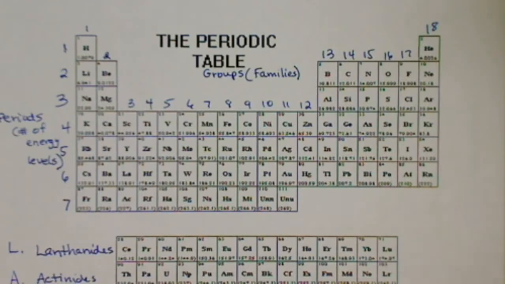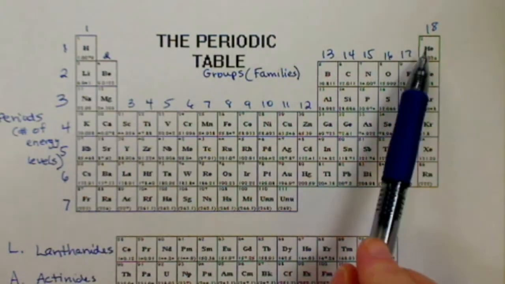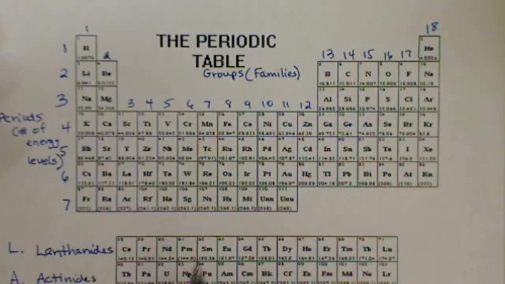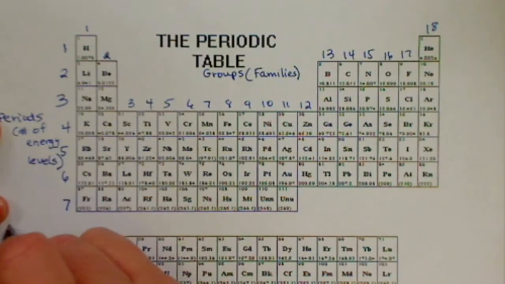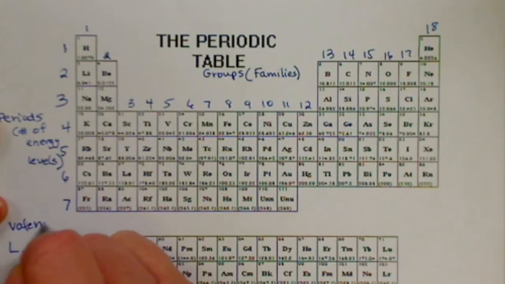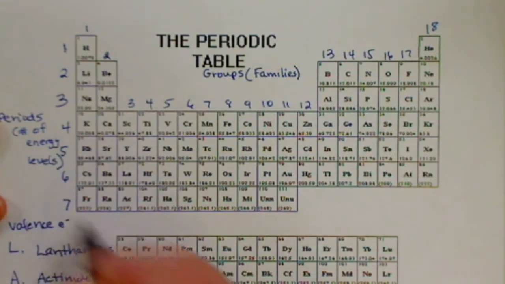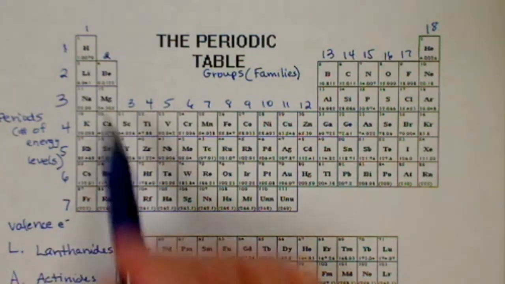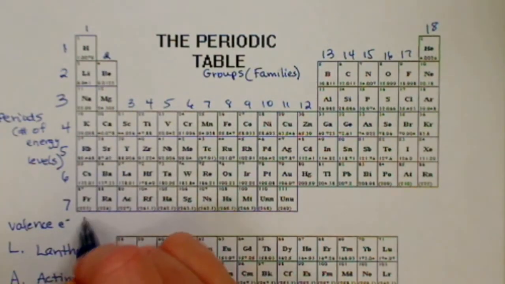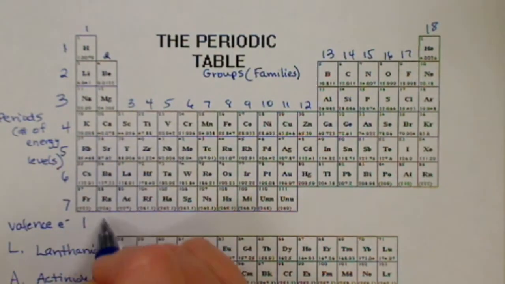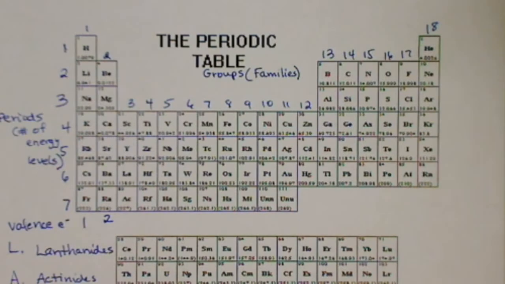Now, there is a quick way to figure out the charge of an atom and the number of valence electrons by looking at the group number. The valence electrons are going to be determined by what group an atom is in. So valence, I'm going to put an E- for electrons. Every element in group 1 will have 1 valence electron. Every element in group 2 will have 2.